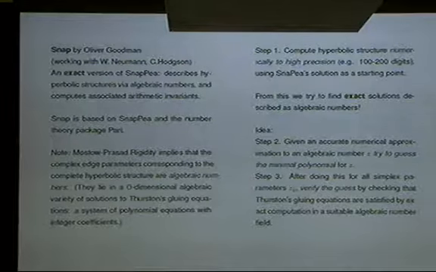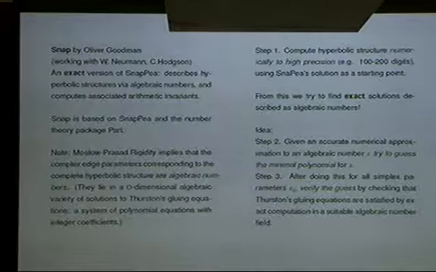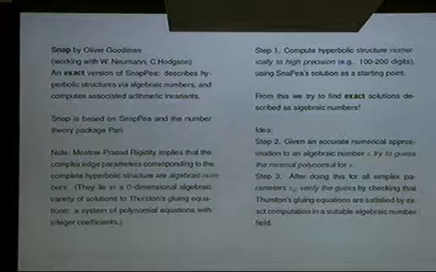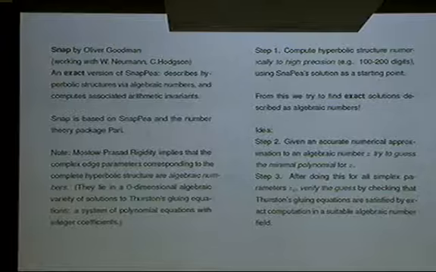Okay, so this sounds very surprising, unlikely, but it actually works very well. So here's the idea. If you've got some number z which you know is algebraic and you've got an accurate numerical approximation to it, what we're going to do is try and guess the minimal polynomial for z.